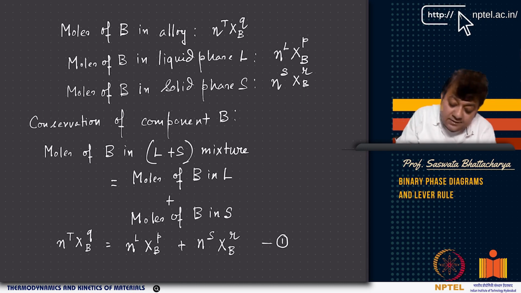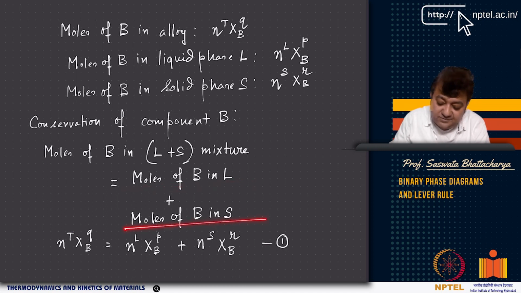Now, there is a conservation of component B. As a result, moles of B in the liquid plus solid mixture equals moles of B in L plus moles of B in S. So NT XBQ equals NL XBP plus NS XBR.